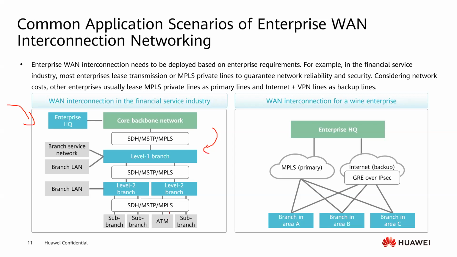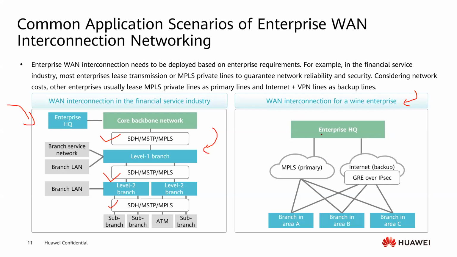Since banks have very high security requirements and also very high reliability requirements, they have high requirements for the SLA. Since the bank has a lot of money, they will rent transmission private lines from the ISP. And for some other companies, for example, some WAN enterprises.